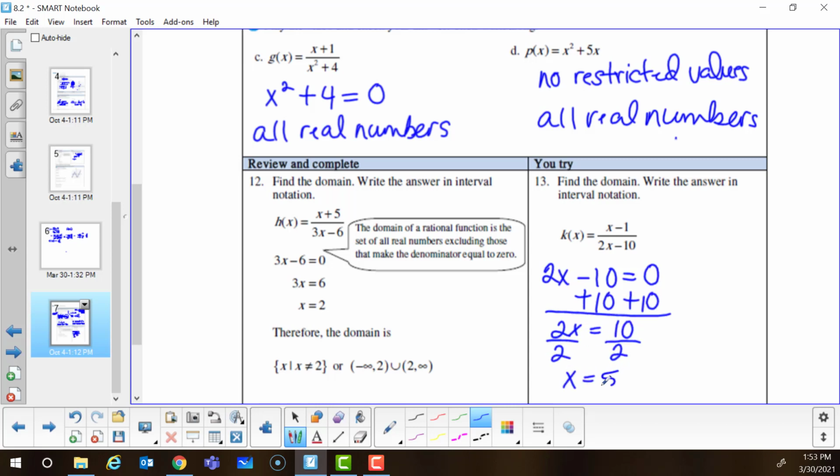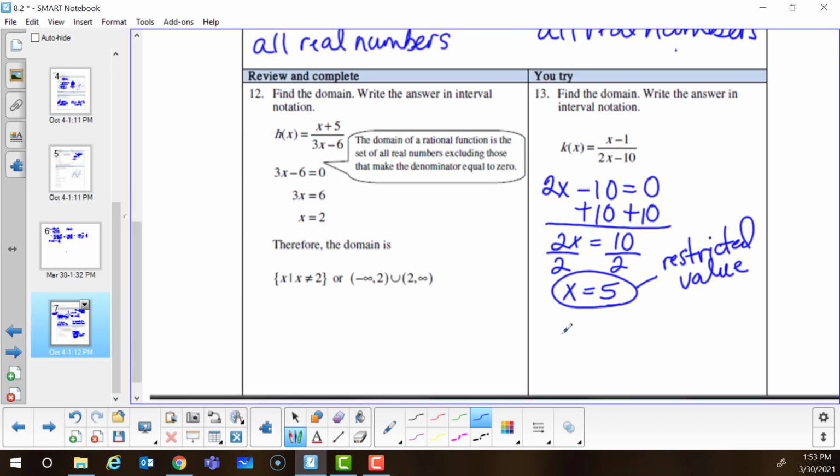So in this case, 5 is my restricted value. If I want to write the domain, I'm going to say x's such that x is not equal to 5. That's how the domain is written.